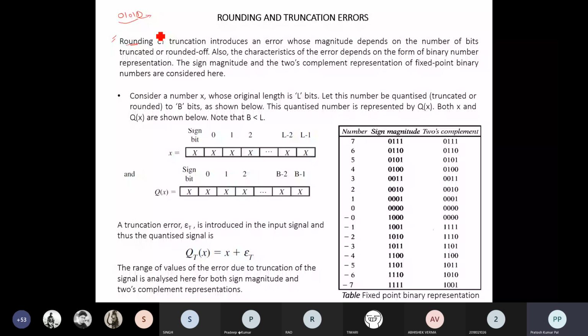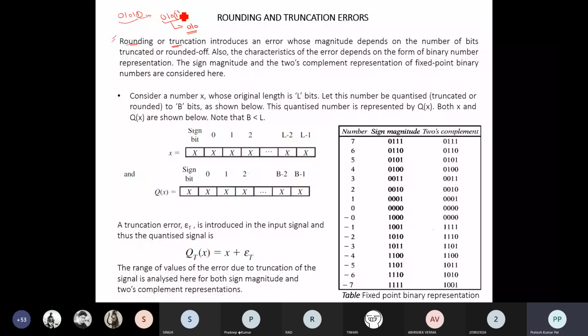In case of truncation errors, if a number is represented in 4-bit, but we reduce this representation and represent it in 3-bit, then this is called truncation. So in truncation, one bit will be completely removed.